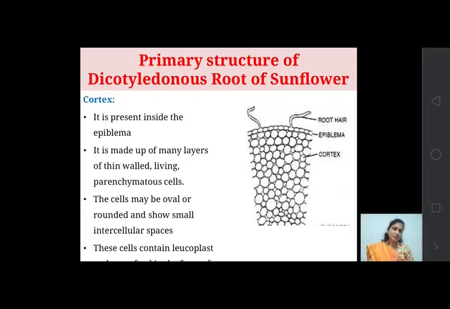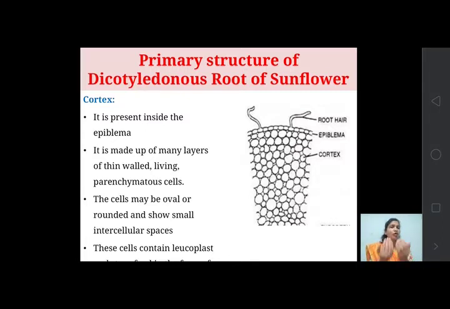Hence the cortex is homogeneous. Homogeneous means only one type of tissue is present in that region. If there were parenchymatous as well as collenchymatous as well as sclerenchymatous, when all three types of simple tissues are present in the cortex, then that cortex may be heterogeneous.